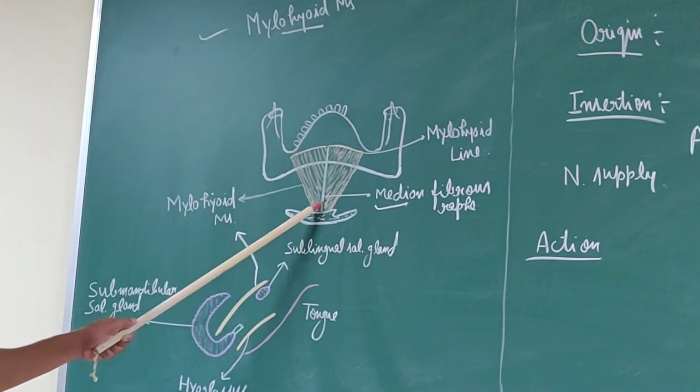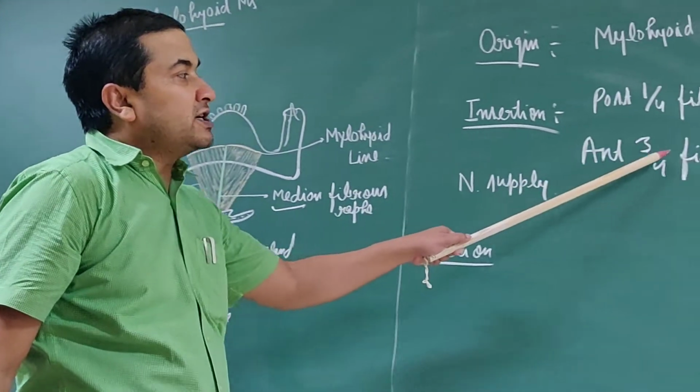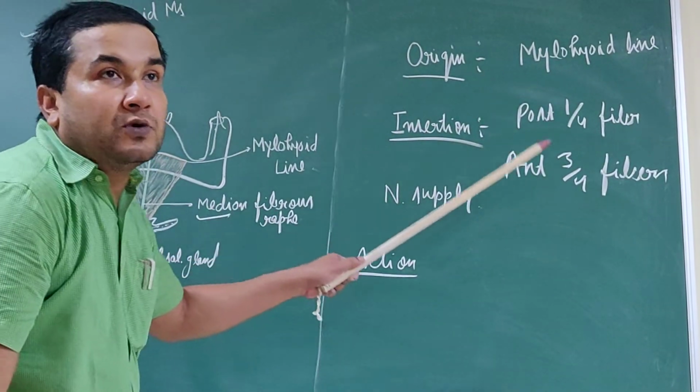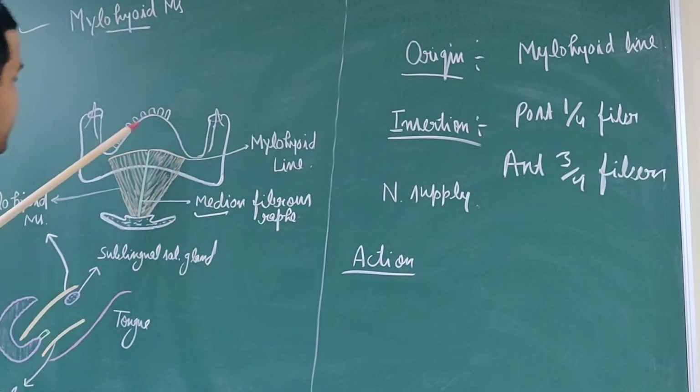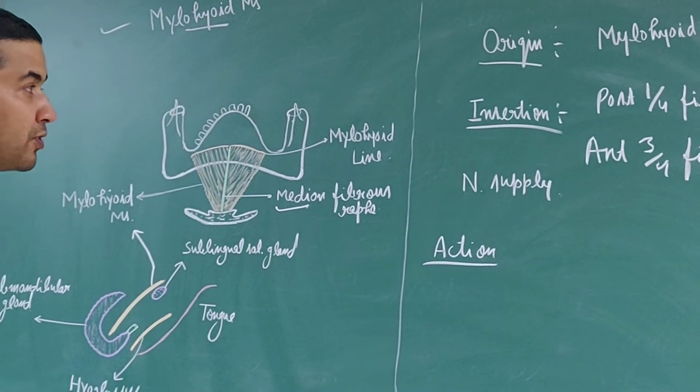This median fibrous raphe provides insertion for the anterior three-fourths fibers of both sides, while the posterior-most fibers are inserted on the body of the hyoid bone.